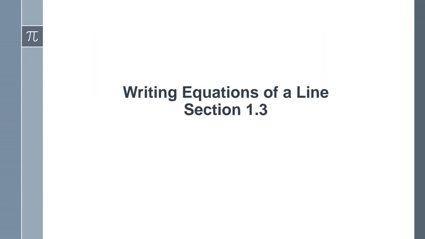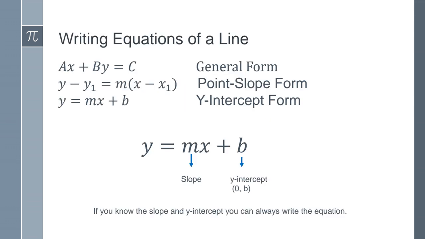Okay, so now we're going to look at writing equations of a line. This is from section 1.3. First, you know something is a line if the highest exponent of x is a 1. For example, if you had something like this, y is equal to x plus, let's say, x squared, and then let's say plus 3.